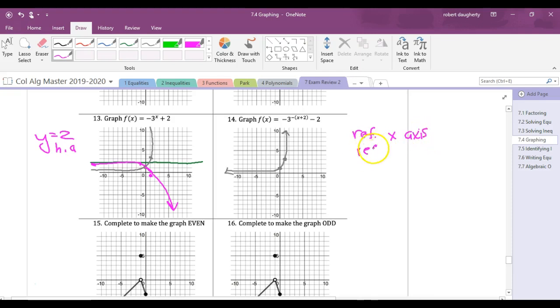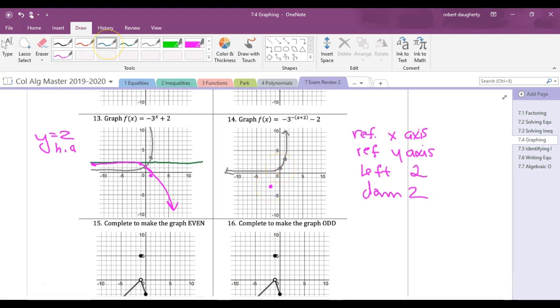I need to reflect it about the y-axis. I need to move it to the left by 2, and I need to move it down by 2. So a lot of transformations need to happen. So I take this point 0, 1, reflected about the x-axis. Okay, that comes down here. Reflected about the y-axis, it doesn't move. Go left 2 and down 2. Okay, so that is that point right there. So we've moved that one.